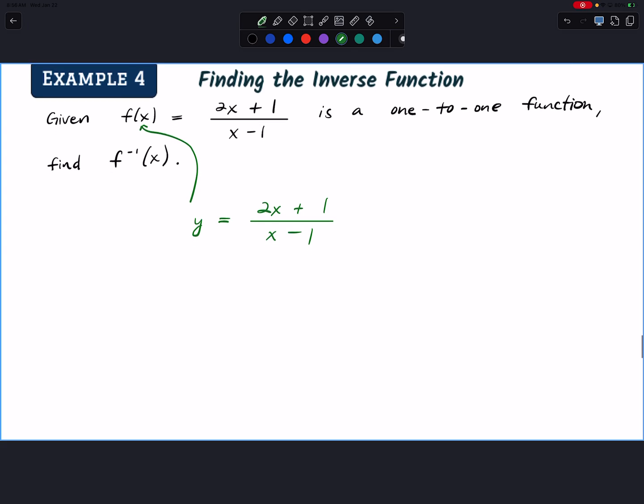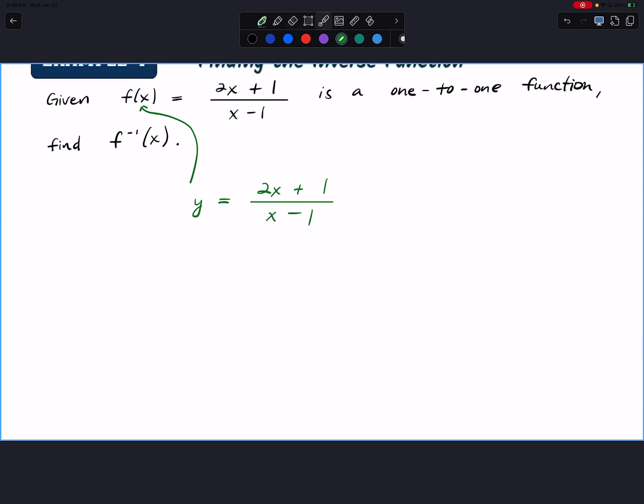Okay. Then we're going to switch x and y. So this is new. Normally there's only one x and one y, but you guys see how we have two x's. So in this step, everywhere you see an x, change it to y. Everywhere you see a y, change it to an x. So instead of x on top, x on the bottom, it's going to be x is equal to 2y plus 1 over y minus 1.